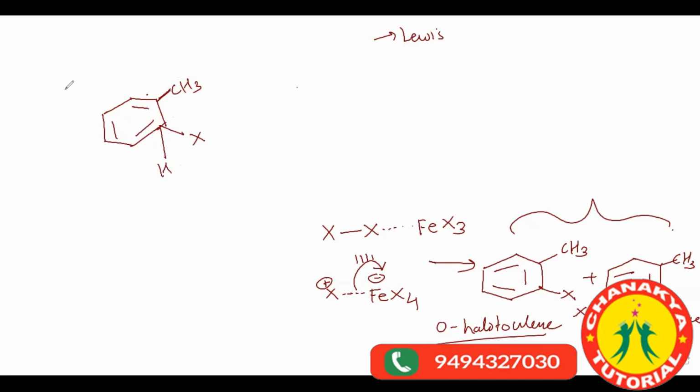In that way, this double bond would be gone because that double bond is utilized to form the bond with the halogen, correct? Yes or no? Yes, ma'am. And as it is gone, this position would become electron deficient, right? And to make it electron rich again, this hydrogen would be lost and you will get the ortho haloarene.